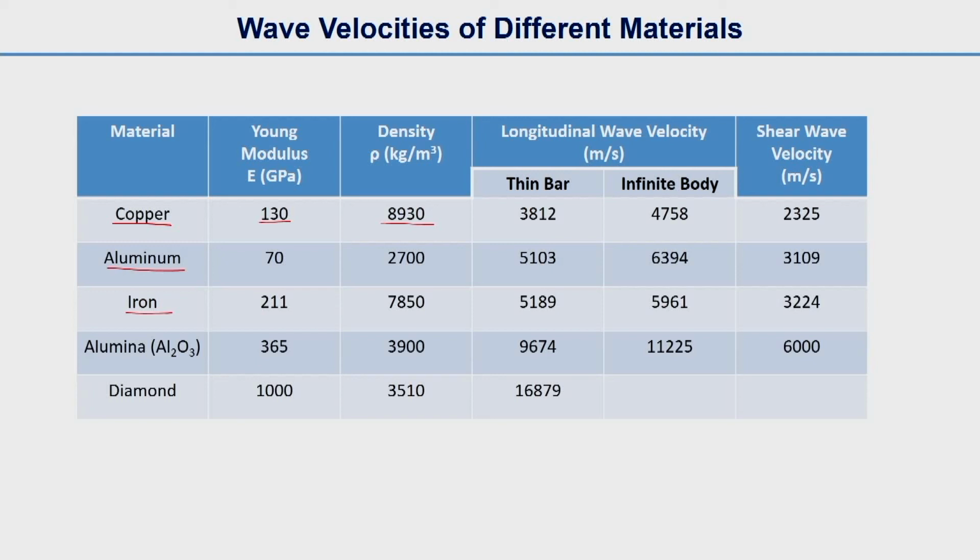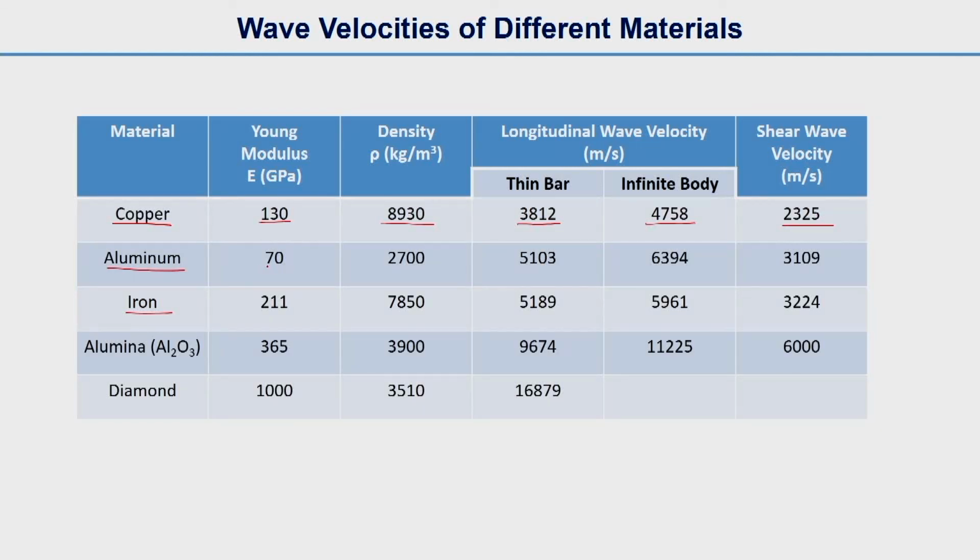One is the thin bar, that is for a finite medium, and the second one is the infinite body. If you can see, the thin bar has 3812 meter per second, that means almost 4 kilometer per second. So, the infinite body has 4.7 kilometer per second, and then shear velocity is 2325 meter per second.